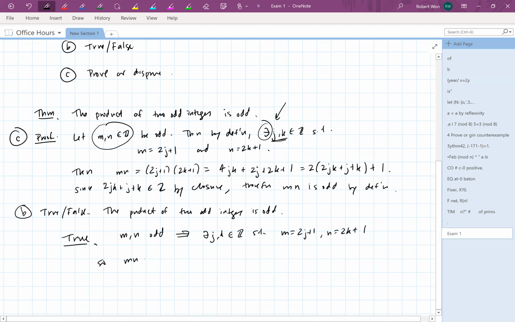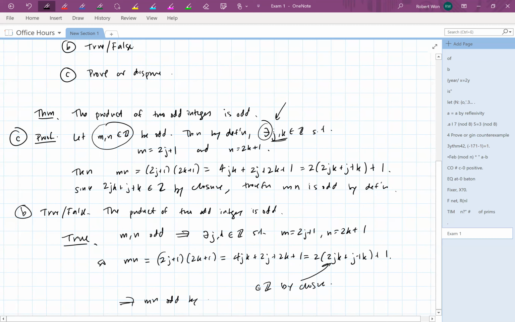So mn equals (2j plus 1)(2k plus 1) equals 4jk plus 2j plus 2k plus 1 equals 2(2jk plus j plus k) plus 1. And then on a true false, you can even do something like, this is an integer by closure. Therefore, mn is odd by definition.